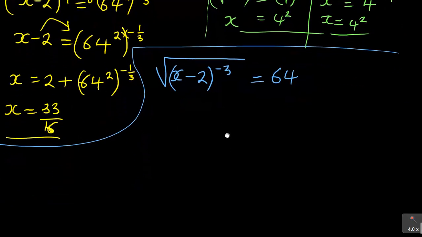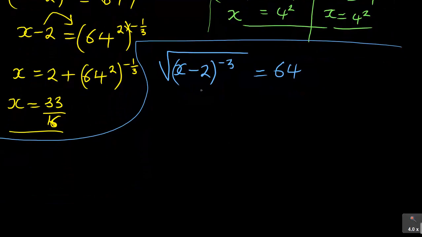So now, what do I do? First things first, using the laws of exponents. Remember, I told you the square root sign means to the power half. That is the part of that square root. So it will be x minus 2.